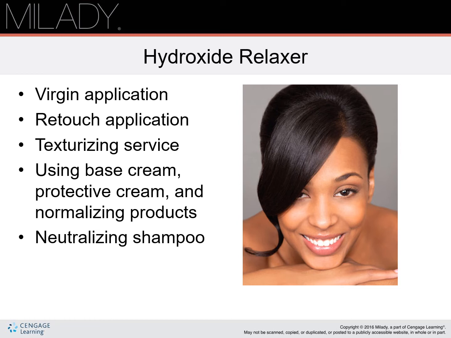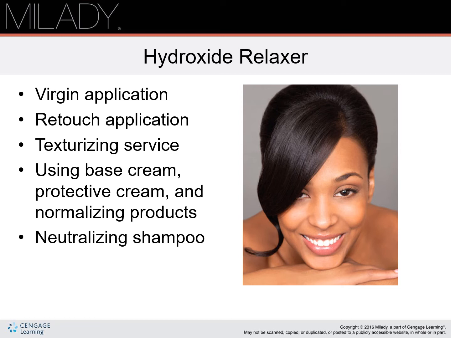Using base cream, protective cream, and normalizing products. Most relaxers recommend the application of base cream to protect the entire scalp. For a retouch, most manufacturers recommend applying a protective cream or oil to previously relaxed hair to treat the hair and prevent it from being overlapped.